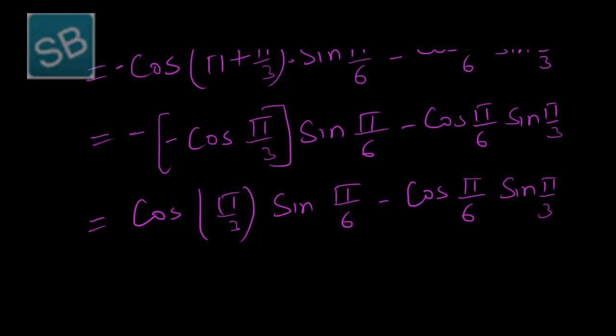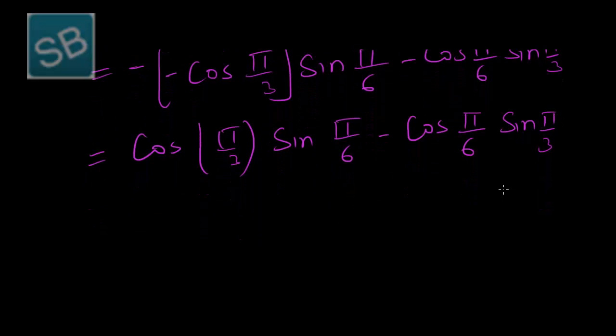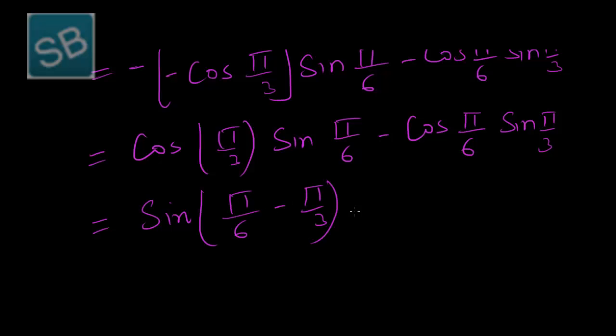Then cos A sin B minus sin A cos B, that is sin of A minus B, where A is pi by 6 and B is pi by 3.